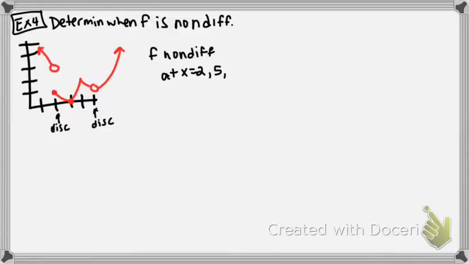Anywhere else? Yeah, right here at that sharp point, at x equals 4. So those are the main things. Discontinuities and sharp points are the main reasons, but there's actually going to be one more reason. We may as well just write it down right now.